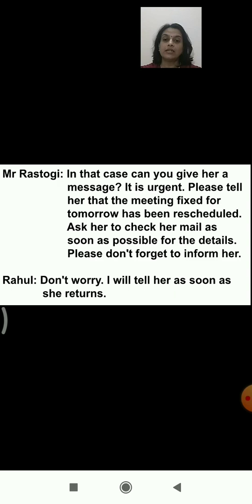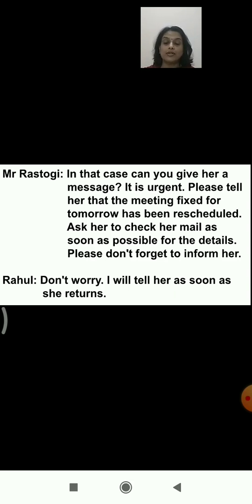So what are the new timings? Now he is not going to tell Rahul. He just told him to tell his mother to check her mail. All the important details about the meeting are mentioned in the mail. So he tells Rahul to tell his mother to check the mail as soon as she comes because it has all the details.